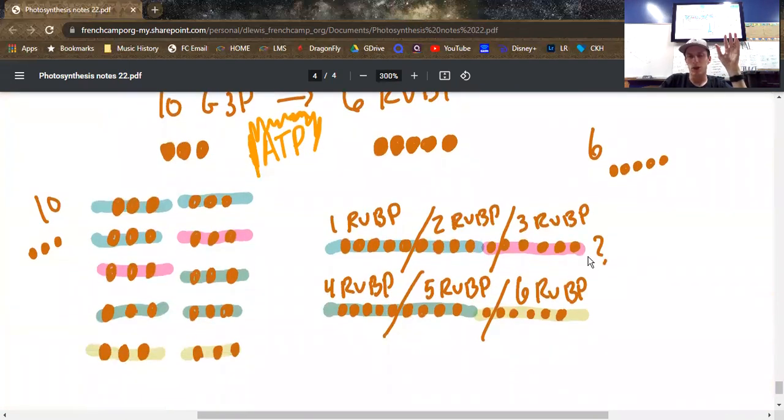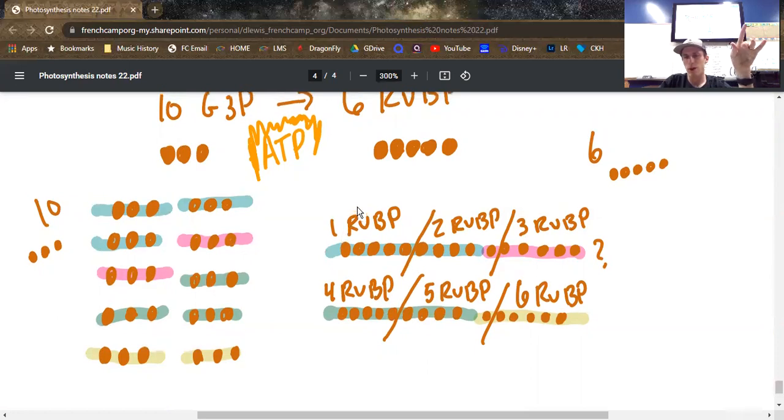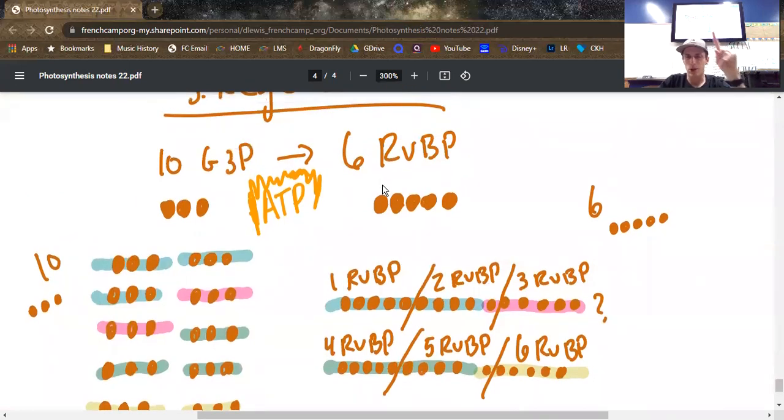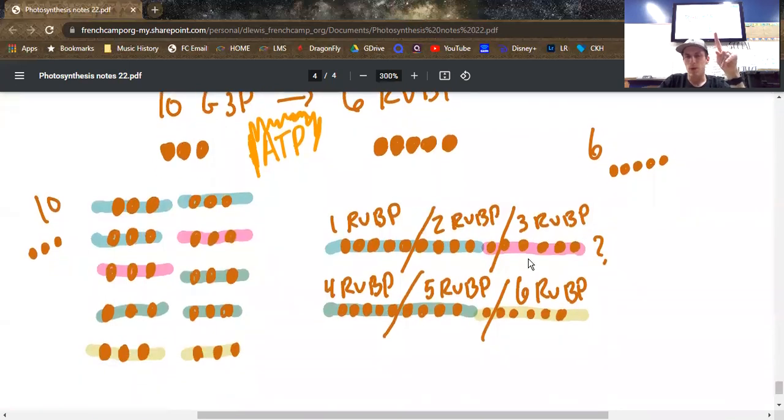So the way that I structured this was that if you take a group of 3, or if you take 3 of these groups of 3s, that gives you 9 carbons. Split that 9 in half, break off 5. You now have 1 of the 6 RuBP that you need to make. We're then going to add some more. I color coded where they came from on this side. So you add 2 more sets of G3P.